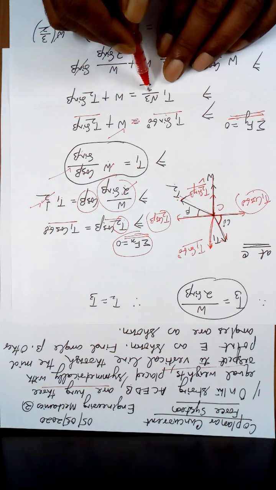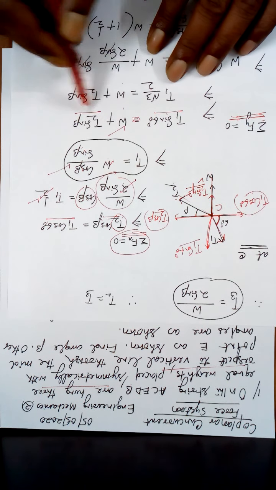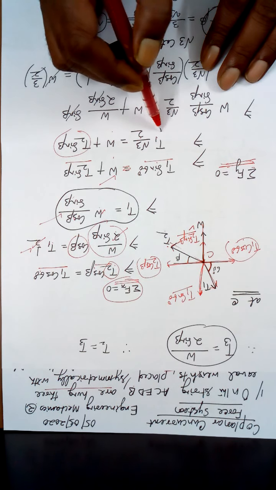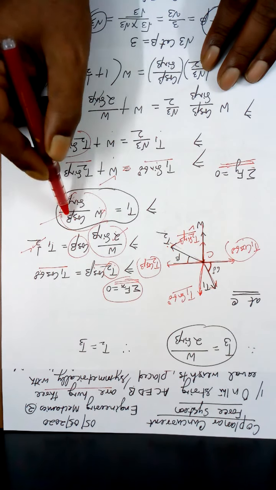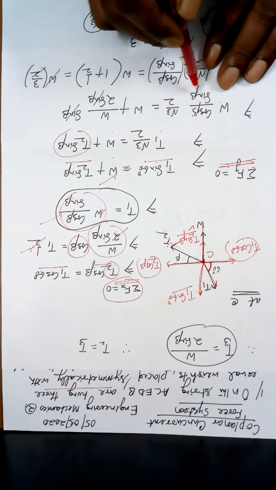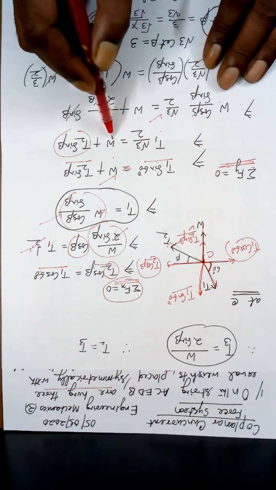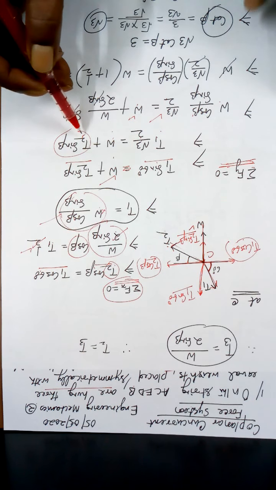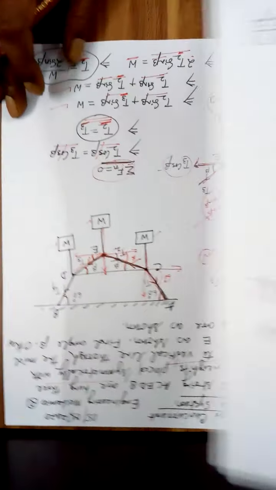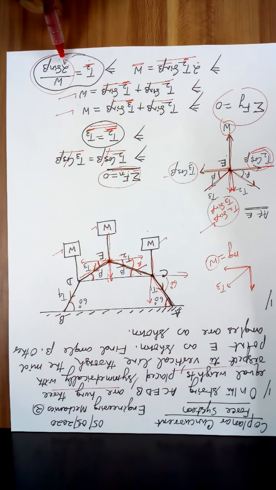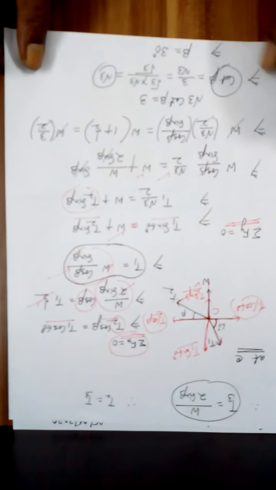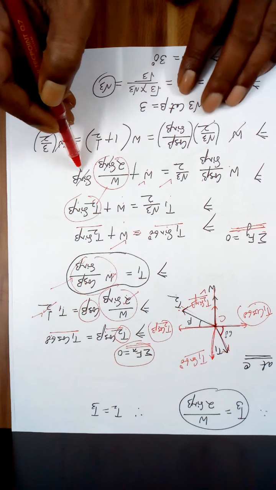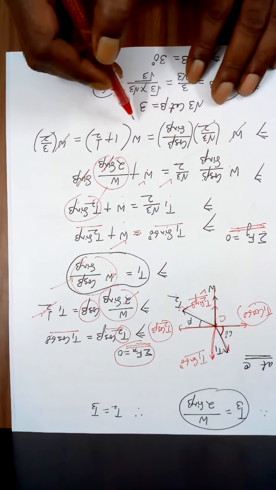Sin 60 is root 3 by 2, T1 is W cos beta over sin beta, T2 sin beta remains the same. Then T2, which was previously calculated as W over 2 sin beta. So for T2 I write W over 2 sin beta, this sin beta cancels.